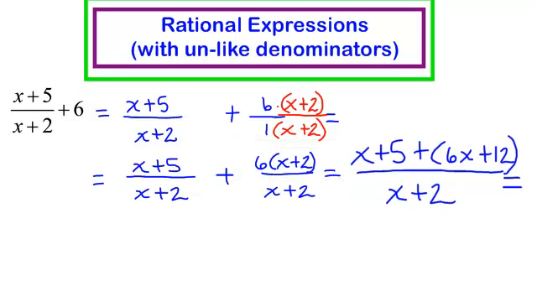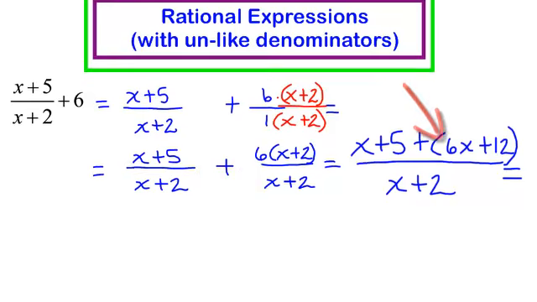It wasn't a big deal this time to keep it in the parentheses because I just had a positive in front. But sometimes it's better to go ahead, distribute the 6, keep that numerator in parentheses, and if this was a negative, I would clearly see, don't forget to distribute the negative.